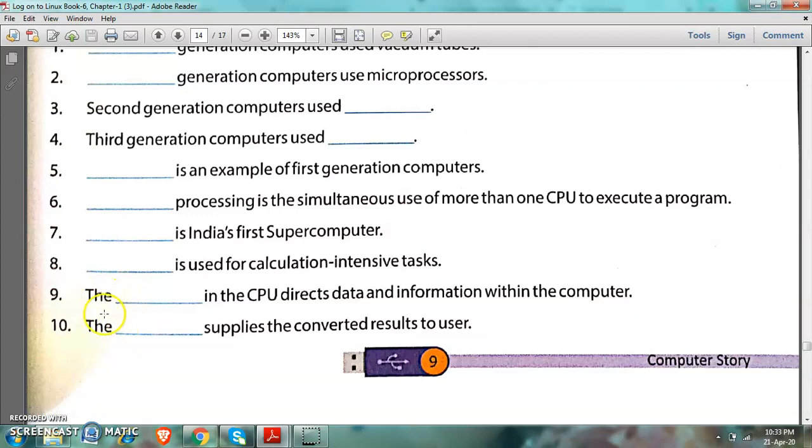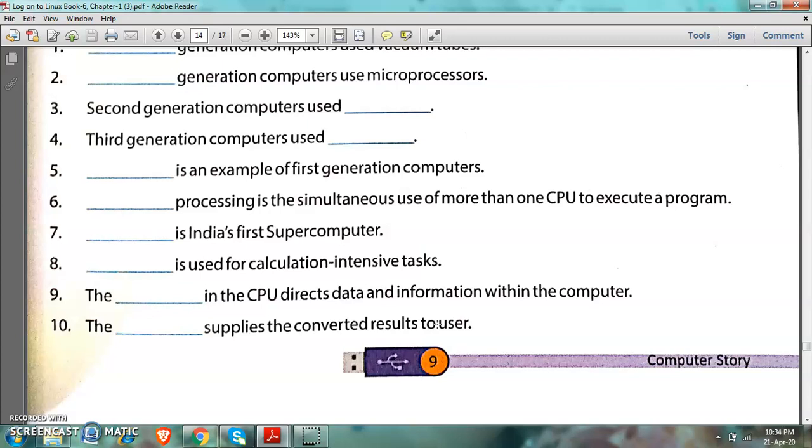Next is number 10. The dash supplies the converted result to the user. I told you about the output unit. The work of the output unit is to produce result from the processing of data.